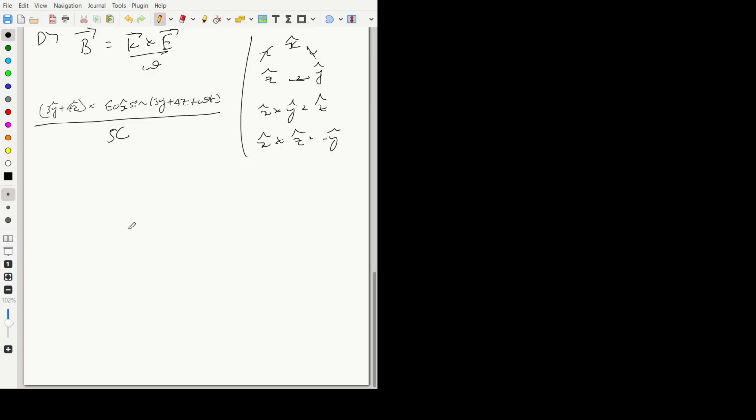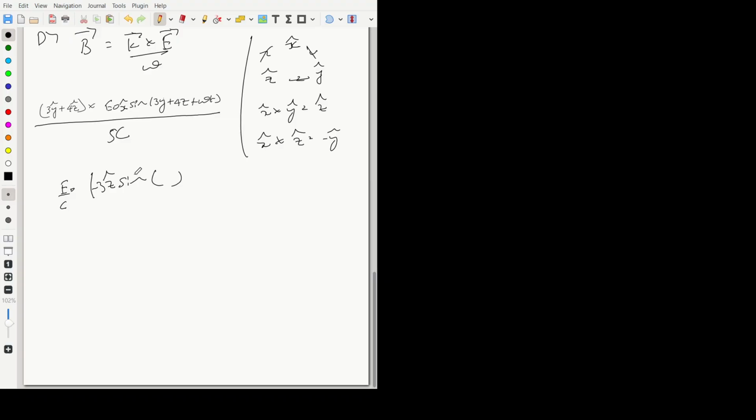So 1 over 5c times E naught. y cap cross x cap would be minus z cap, sine of its argument, and I forgot the 3, so minus 3.